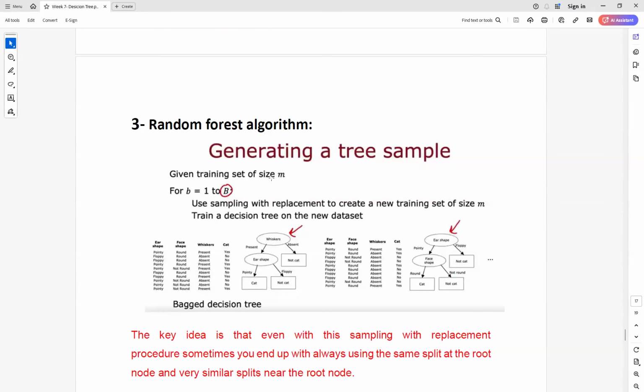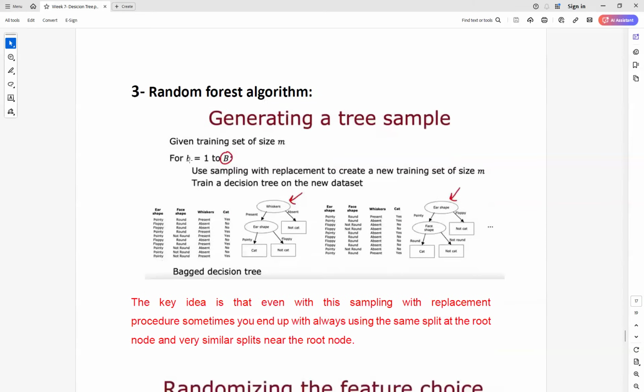Given a training set of size M, for example, our training set was 10 animals, so the size of 10, and then you follow this for loop. For small b from 1 to capital B, use sampling with replacement to create a new training set of size M and train a decision tree on the new data set.